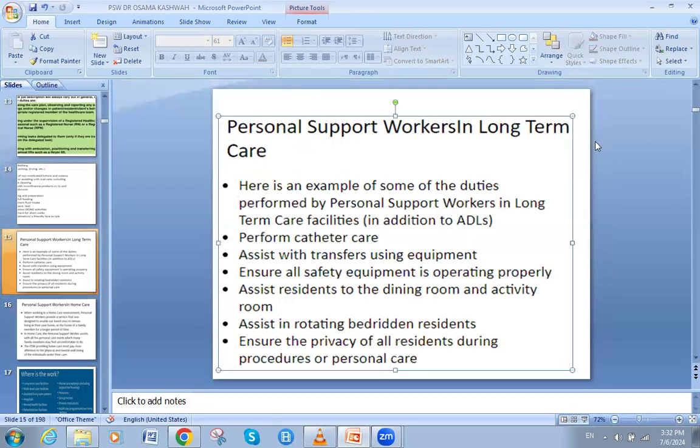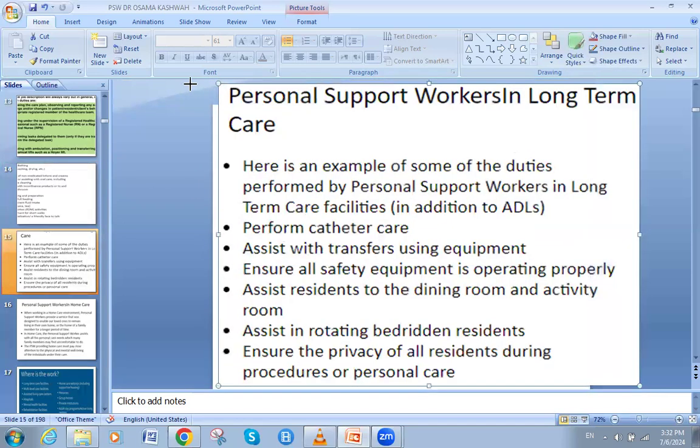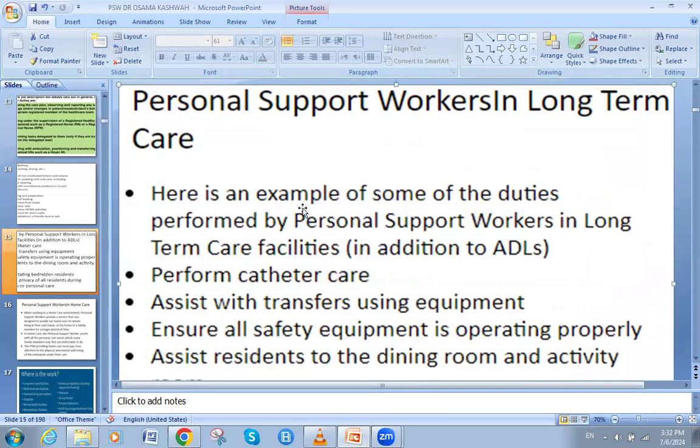Personal support workers in long-term care also have duties like what you see here. Here's an example of some of the duties performed by a personal support worker. Perform catheter care.